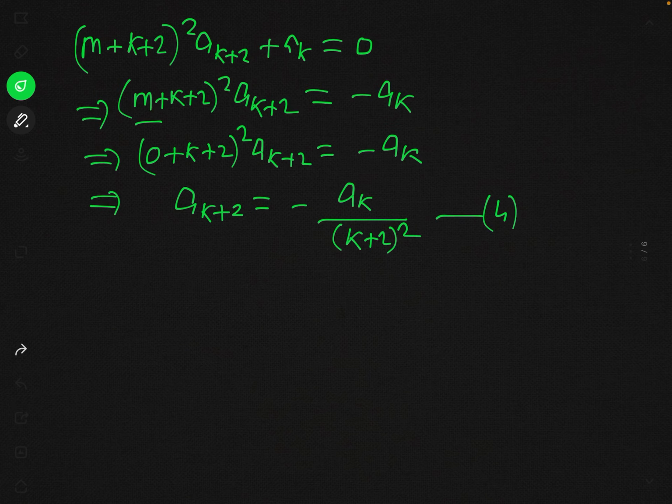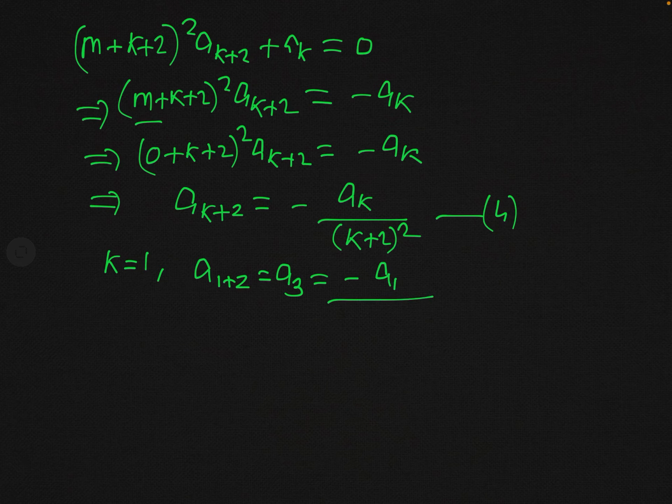First of all, when you put k equal to 1, then from this recurrence formula you will get a1 plus 2, that is a3, and that will be equal to minus a1 over 1 plus 2 whole square.